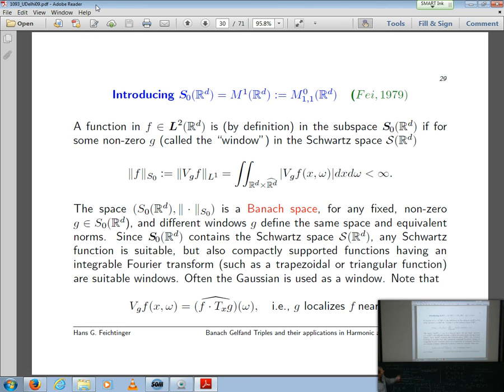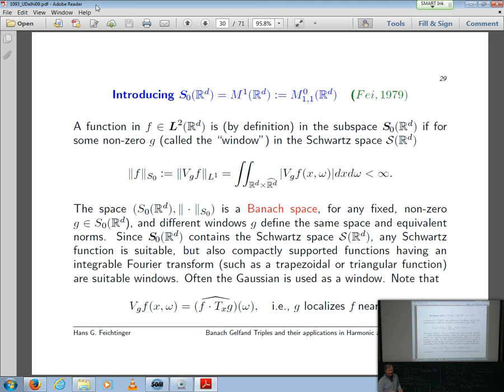The question is, this depends evidently on g. So the abstract claim is, if you have other ways of defining the space, then one can show that every element from the space can be used as a window, and you always get the same space and equivalent norms. So for a while it was really the question, which one should one use?